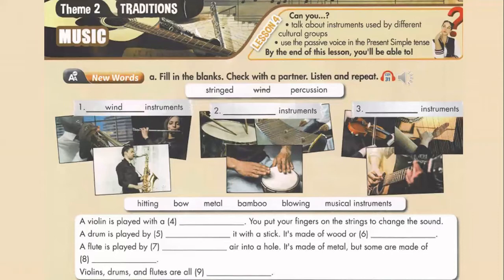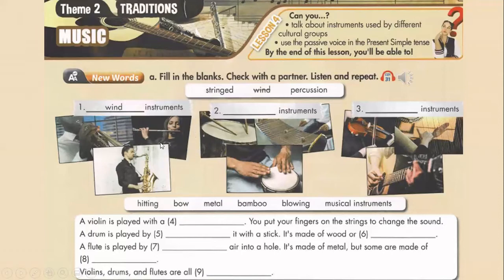Okay, so we have here number one for the new word. That's wind instruments. Wind instruments are musical instruments that are used with the wind. For example, this one, flute.